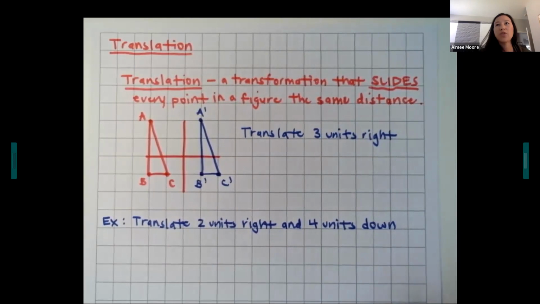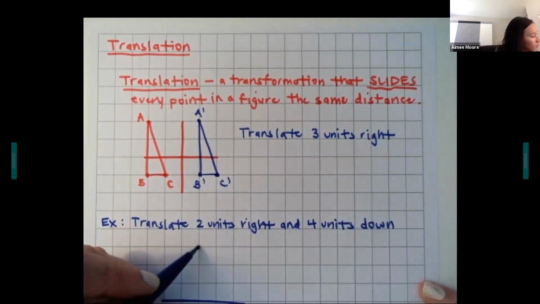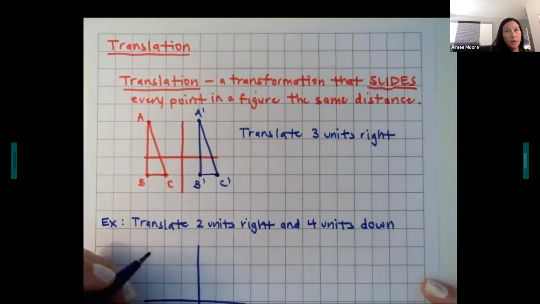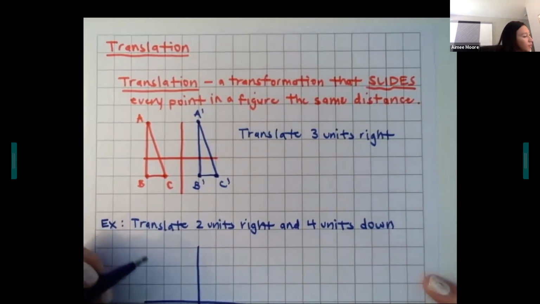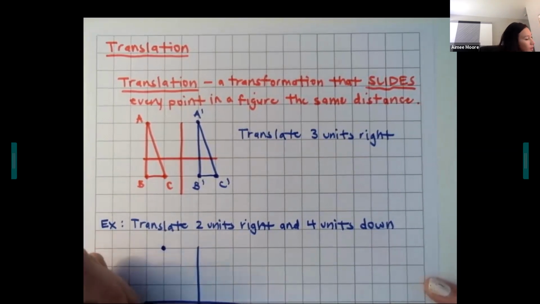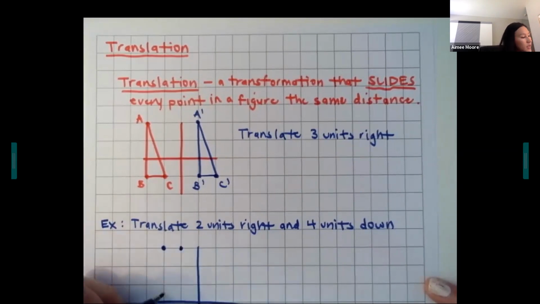Okay, so this one we're going to translate 2 units right and 4 units down. Here's the graph. So A is at negative 2, 3. B is at negative 1, 3. D is at negative 2, 1.